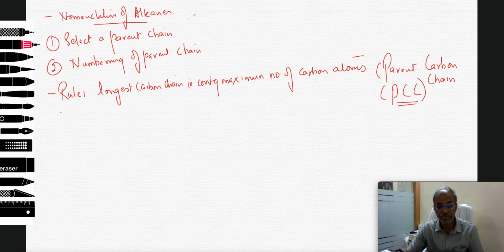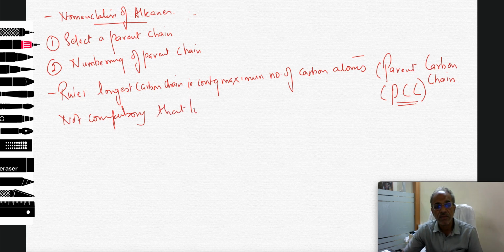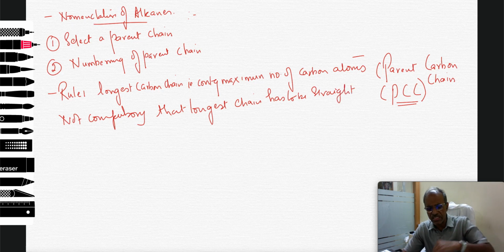Now, it is not compulsory that the longest chain has to be straight. That is, it can be even in a branched form.